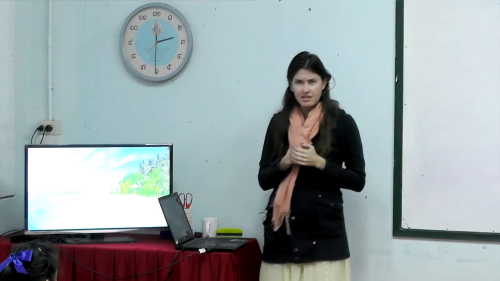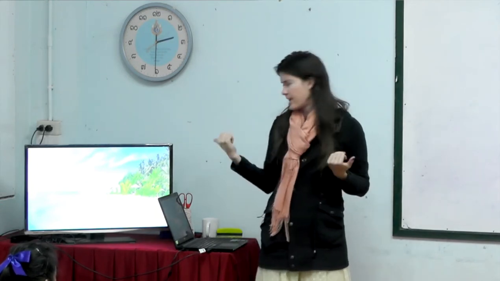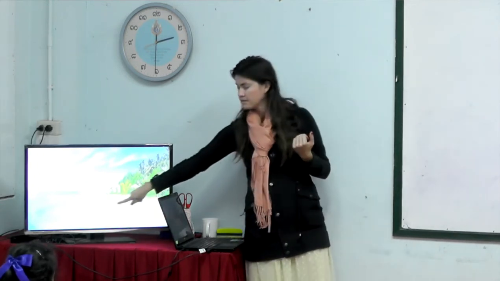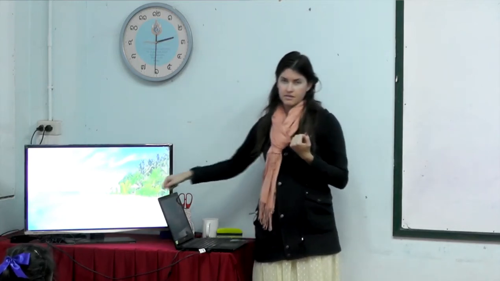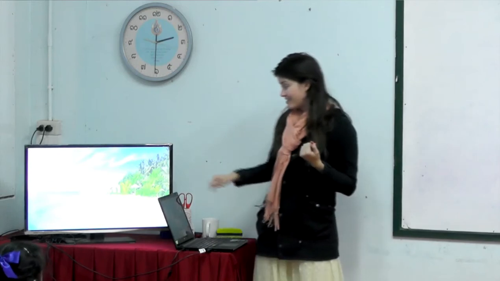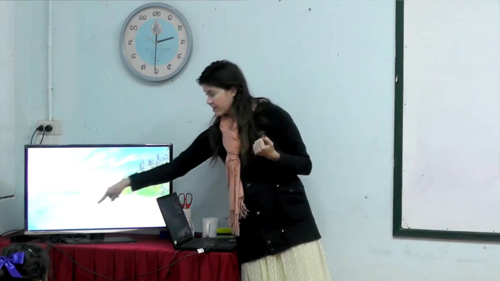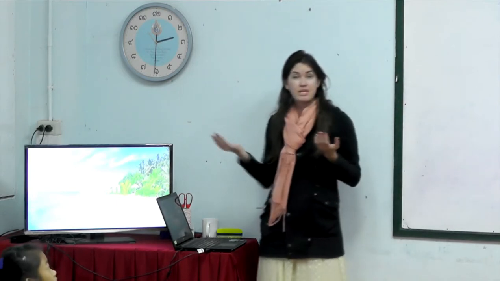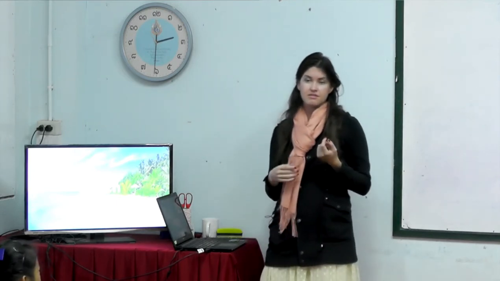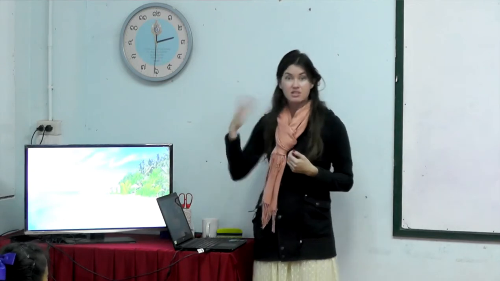Does it look like a desert? No. But there's sand here. Why isn't a beach like a desert? Because there's also a lot of water here. Do you think it's hot at the beach? I don't know. Some beaches are hot.